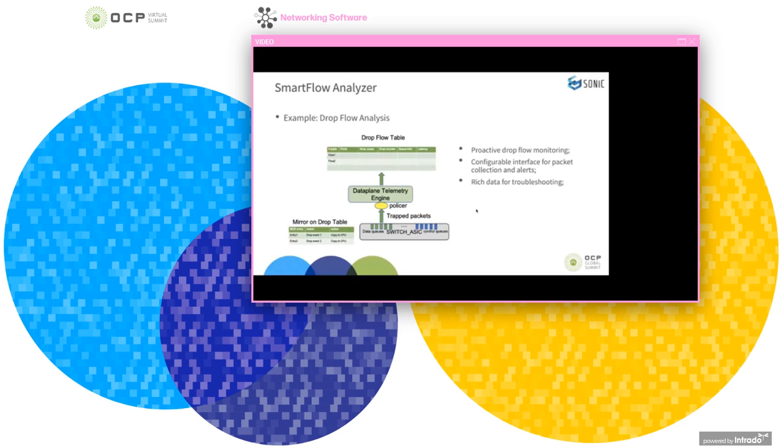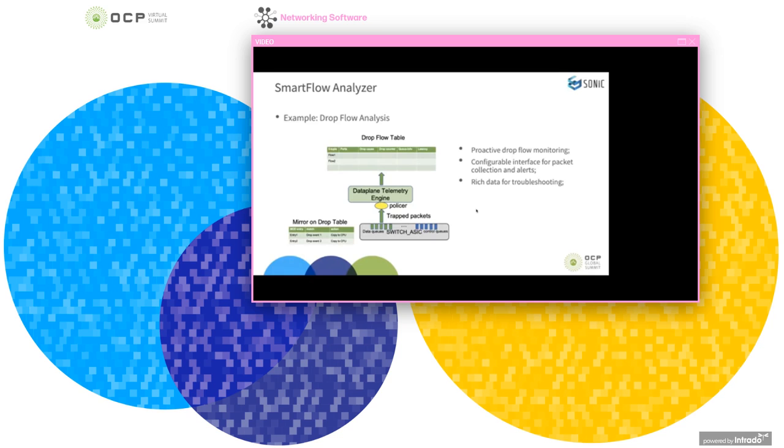Smart Flow Analyzer is one application we have implemented on top of the data plane telemetry engine. The idea is that on the switch ASICs, we can implement something like a mirror-on-drop table that can mirror all the packets dropped in the pipeline and MMU with drop reasons, and send them through the data telemetry engine to a detailed application running on SONiC.